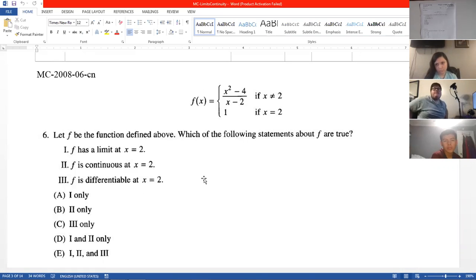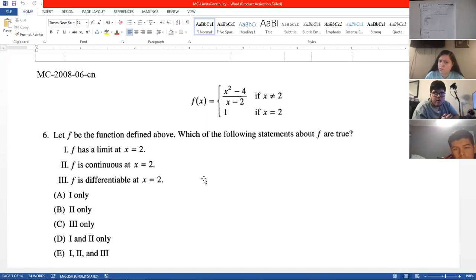Can you answer the first two easily? 2x squared. 2 squared is 4 minus 1 is 0. One and two aren't true.